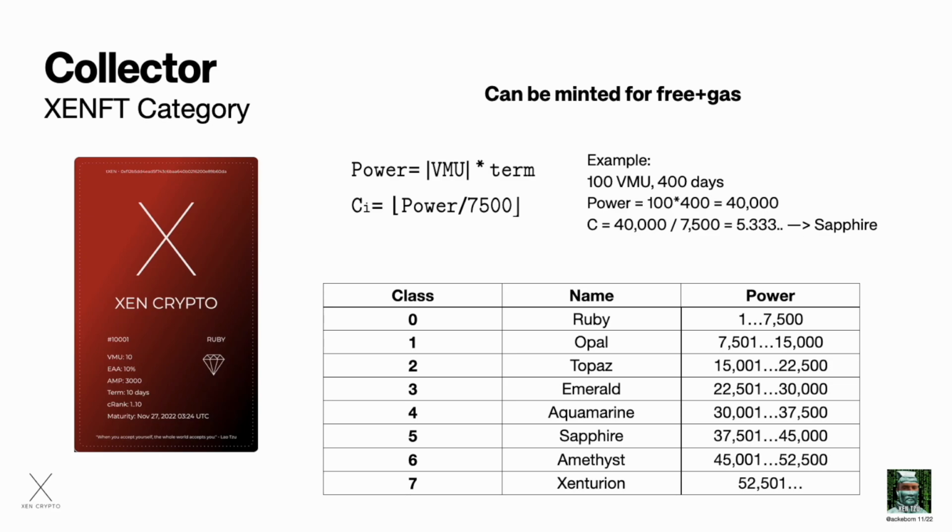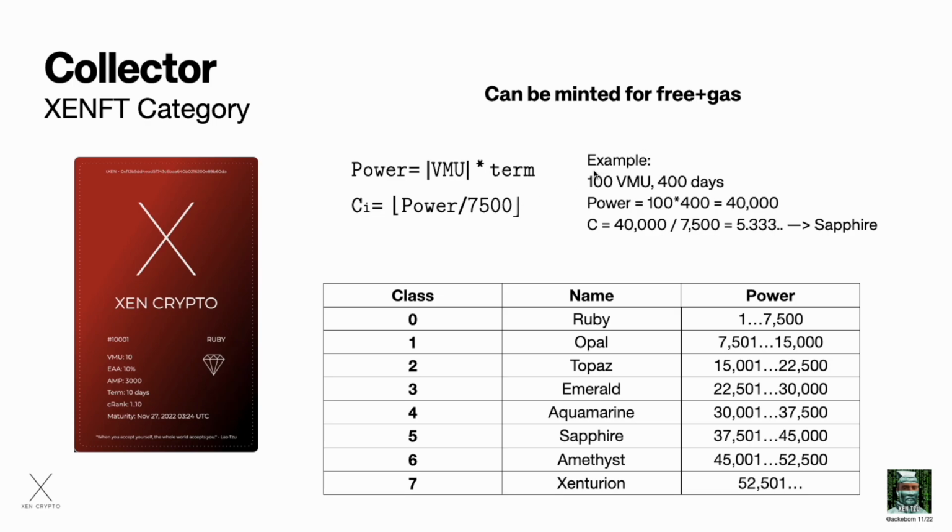In order to make the Collector NFTs less common and introduce additional game theory spirit for all the NFT owners, the Xen Torrent Collector tokens are also divided into classes. In this case, the qualifying parameter is the power, which is computed as the number of VMUs times the mint term, and the class is then decided by taking that power divided by 7,500.